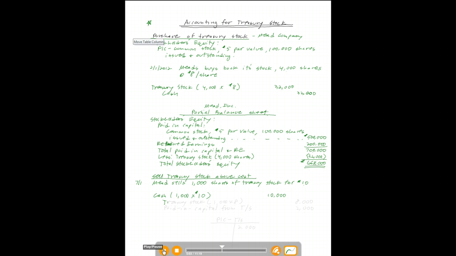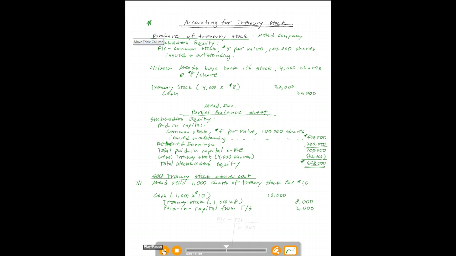So we will credit treasury stock for the 1,000 times $8, which is $8,000. Now the question is, what do you call that 2,000? They've had a gain on their stock, but because they're dealing in their own stock, they can't recognize it as a gain. So what it's recorded as is paid in capital on treasury stock.